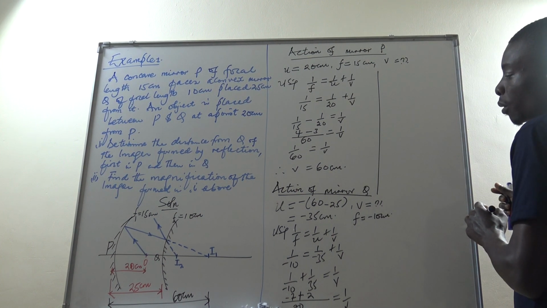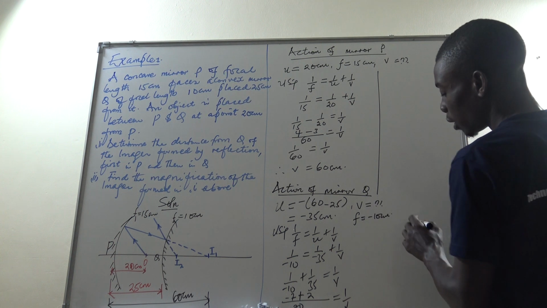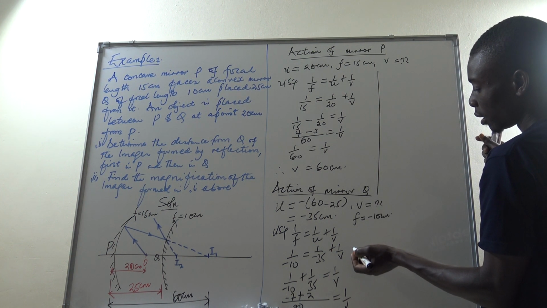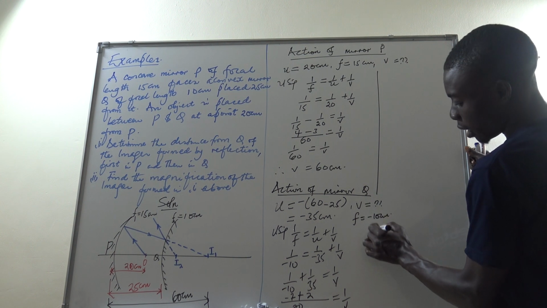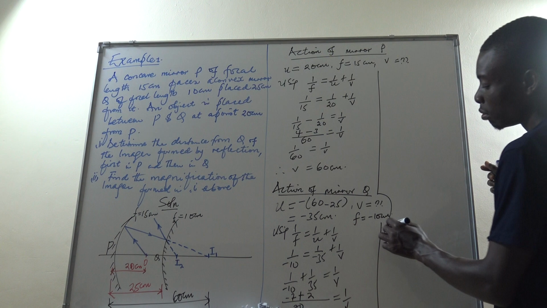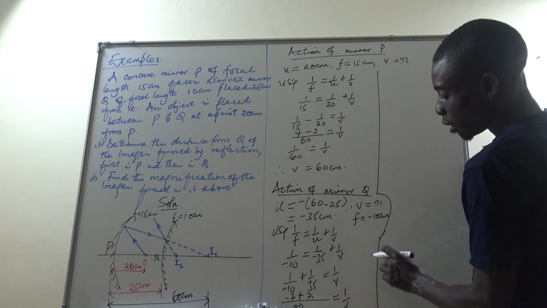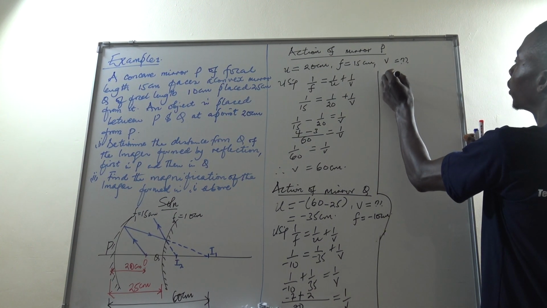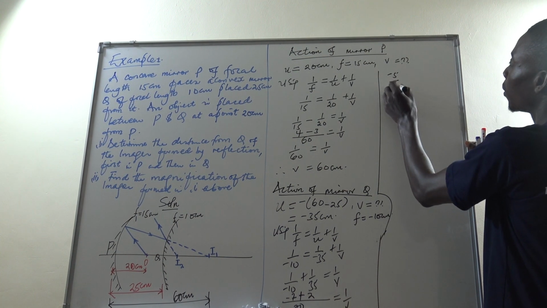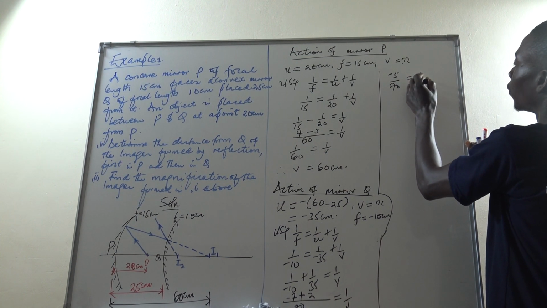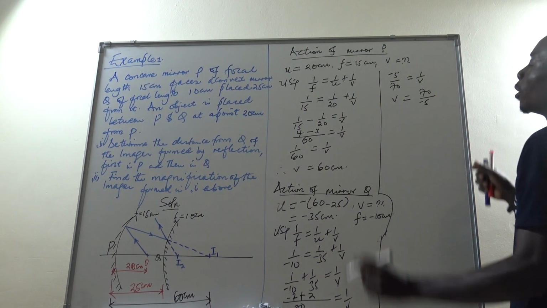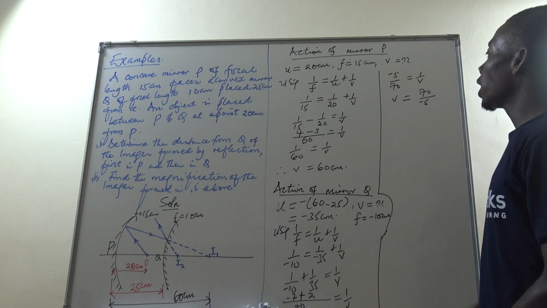Therefore, 1 out of V, I think I can work it out from here. So I can now say that I have negative 5 out of 70 equal to 1 out of V, and V equals 70 out of negative 5. What is 70 divided by that?